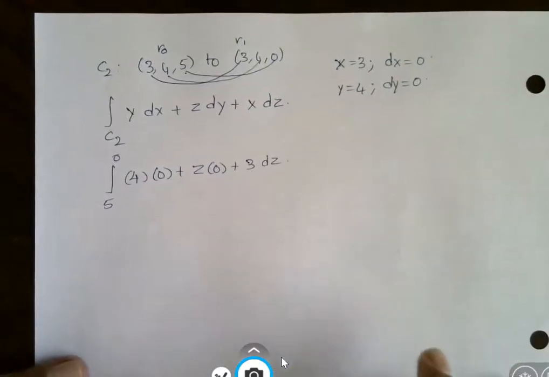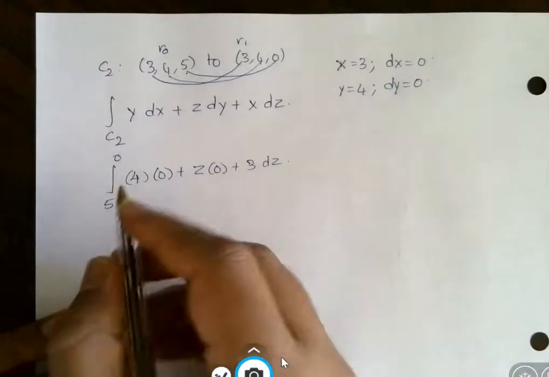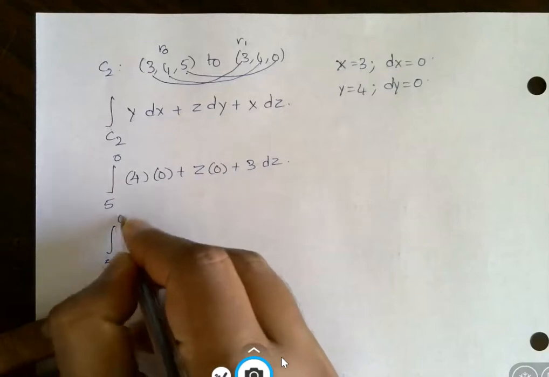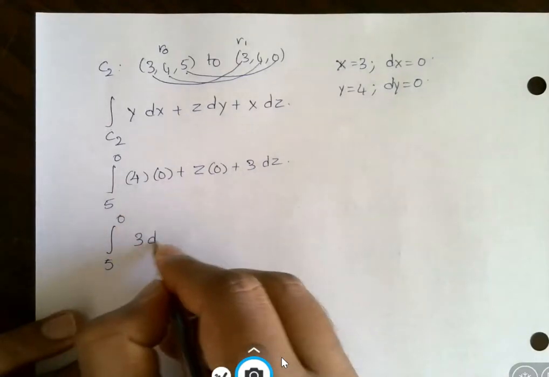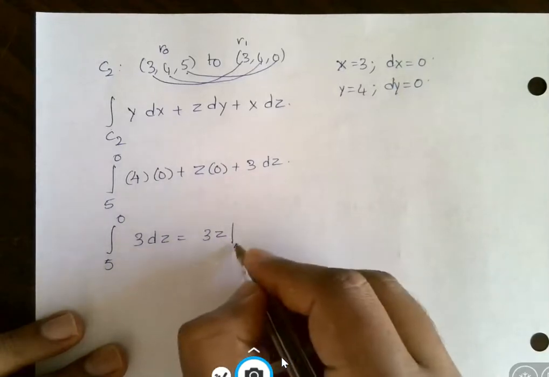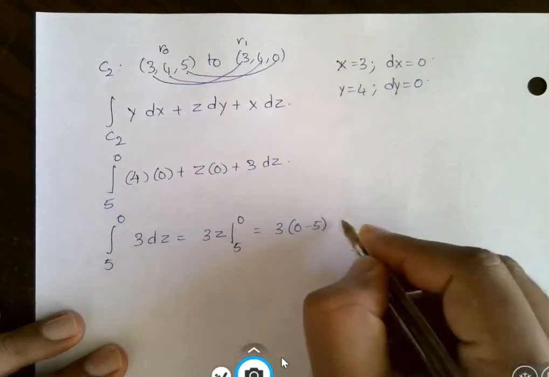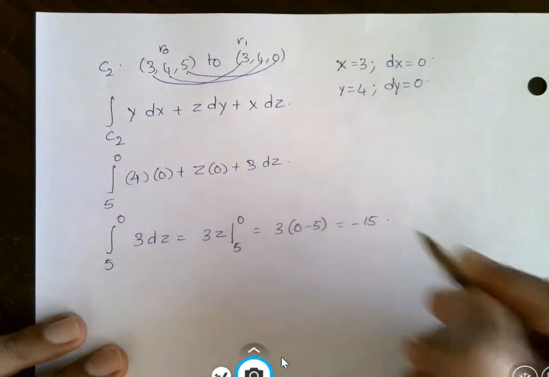Okay, my video got interrupted again, so I hope I will be able to finish this. So that's going to be from 5 to 0. This is going to be the integral of 3 dz, so that's going to be 3z. Upon substituting the limits 5 to 0, you get 3 times 0 minus 5, which is negative 15.